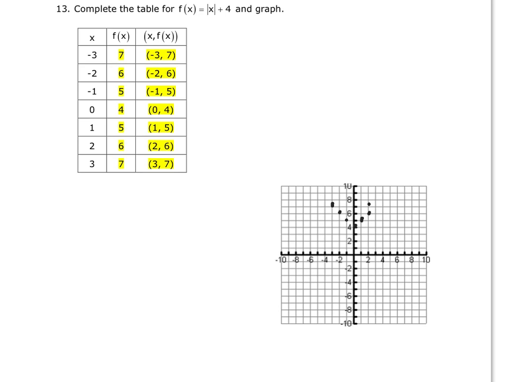Oh, I put that in the wrong place. Let me erase that. This is why it's good to use pencil.